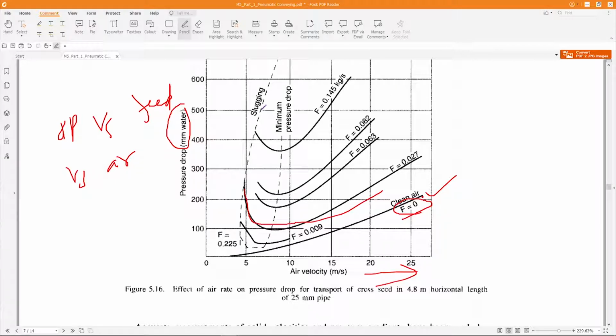So with increasing solid flux, the pressure drop also increases, at constant air velocity. Also, you can see that all the curves follow the same pattern: first they decrease, go through a minimum, then increase again. This is a typical pattern.